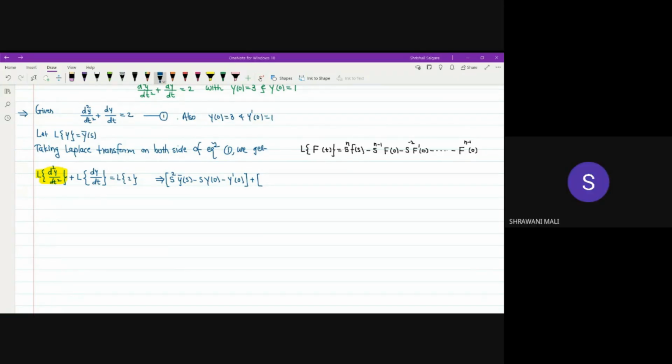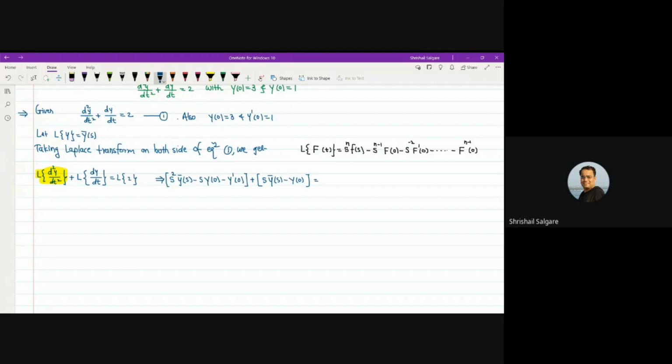First, always y bar. S power 1 means s into y bar of s minus 1 into y of 0. Yes, very good. It is not necessary to write the 1, directly y of 0. So this is the second one.